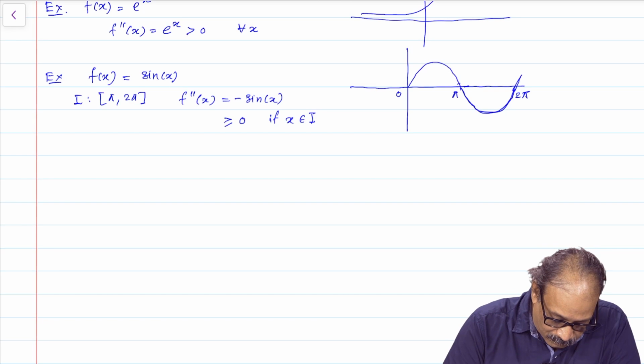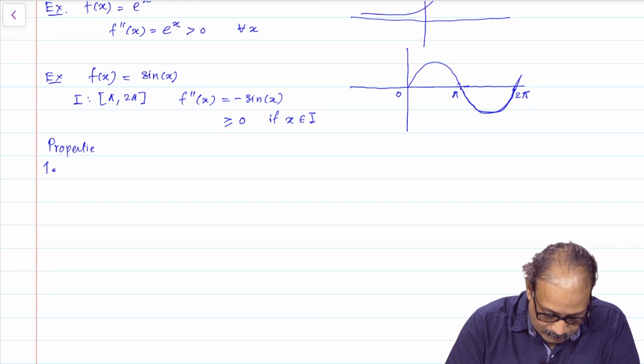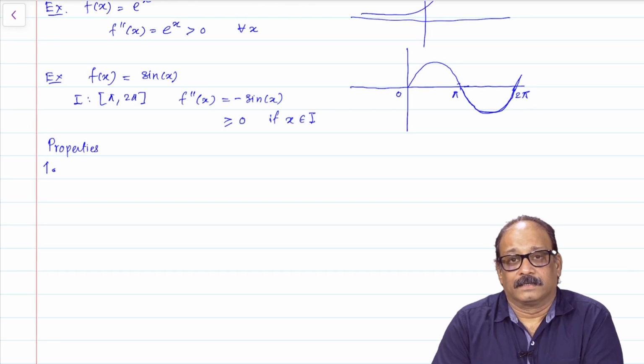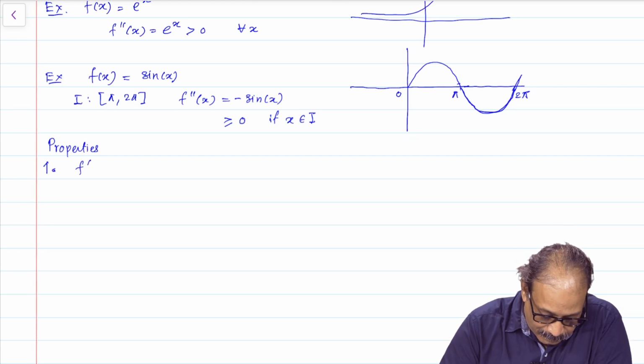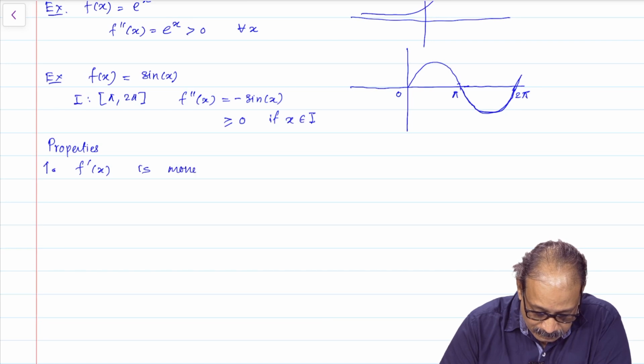The properties of convex functions are, first of all, that the f prime of x is monotonic function.